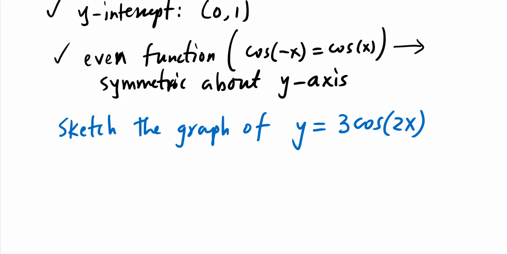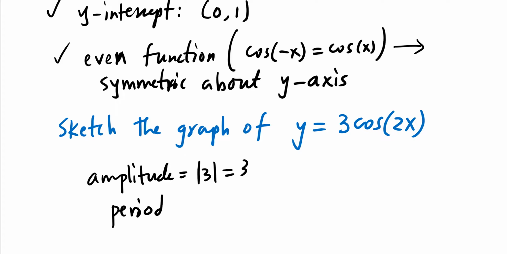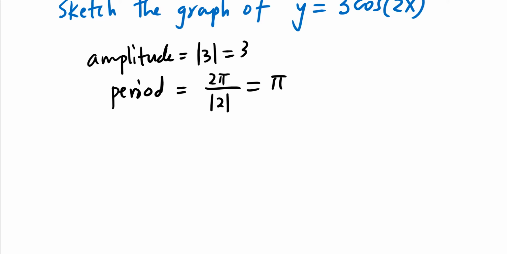Well, the first thing, the 3 tells me the amplitude is 3. The period is 2 pi over the value of that 2 in the front. It's pi. So it's the same thing as we did in sine. So we can go over 0 to pi and just graph it from there. And then after that, it just continues on both ends.